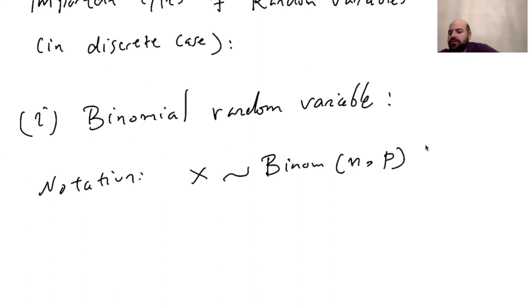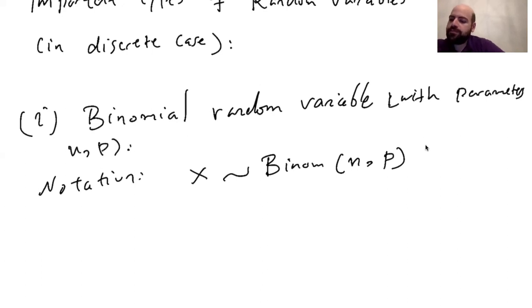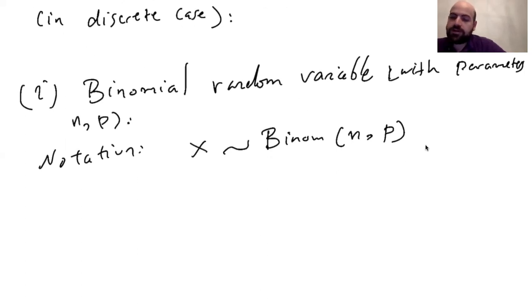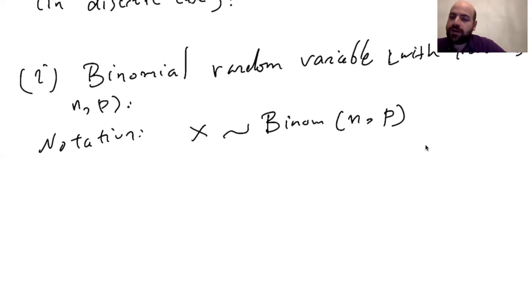The binomial random variable, I can also say, is with parameters N and P.